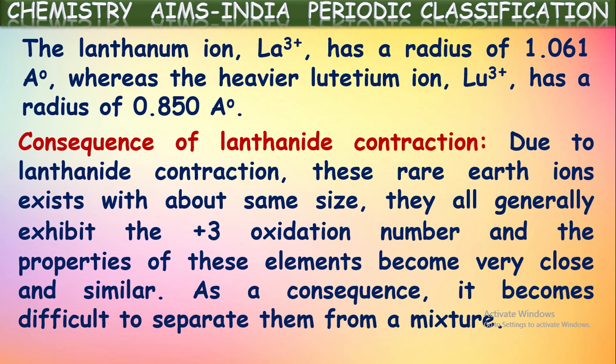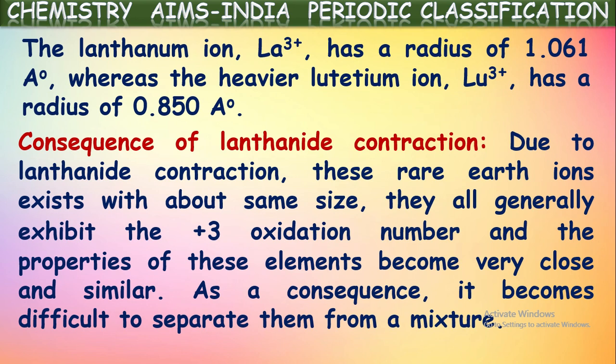Now let us see what the consequences are. Due to this lanthanoid contraction, these rare earth ions exist with about the same size. As size decreases, almost all the atoms or ions of these rare earth elements exist with the same size. They all generally exhibit the +3 oxidation state, and the properties of these elements become very close and similar.